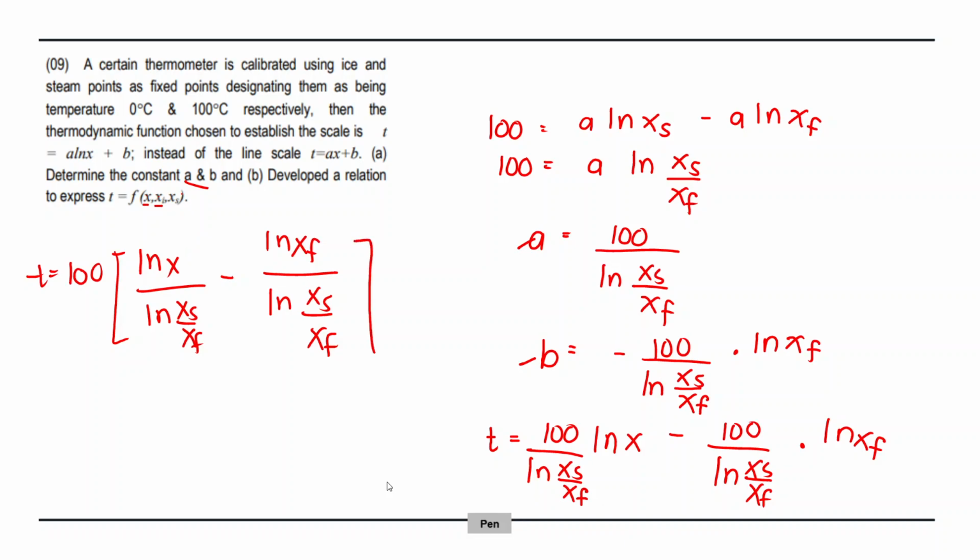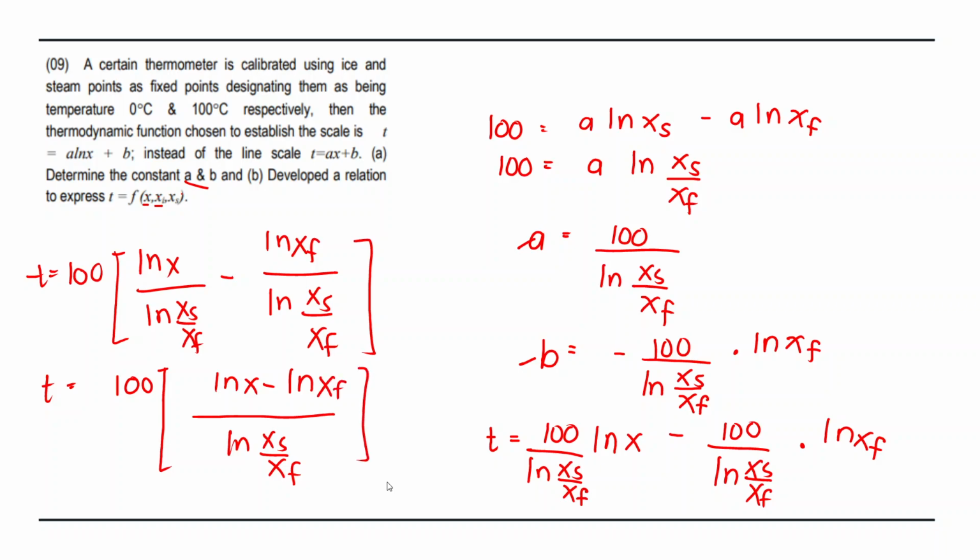Okay. So, simplify pa natin further. Pwede itong maging 100 over ln xs over xf times ln x minus ln xf. Simplify pa natin. Pwede pa yan.